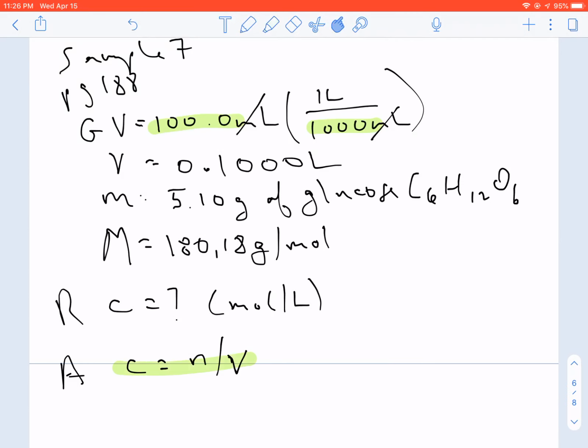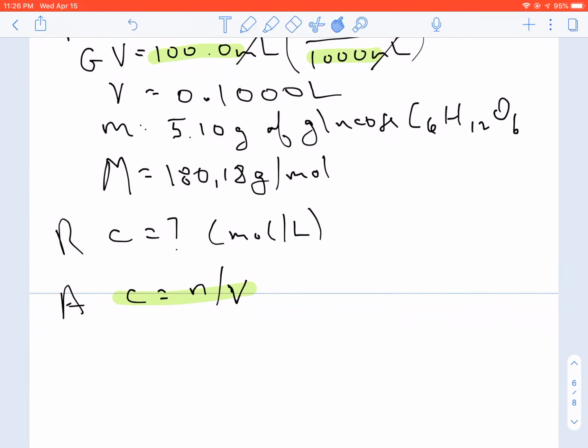So now if I want to go ahead and start doing some of the math, I need to know N and V. Well, I know V. V's up here. My volume is given, but I don't know N yet. So I'm going to have to find N. I'm given a mass and a molar mass, so I can actually solve for N. Number of moles is mass divided by big M, molar mass. That's again on your periodic table.